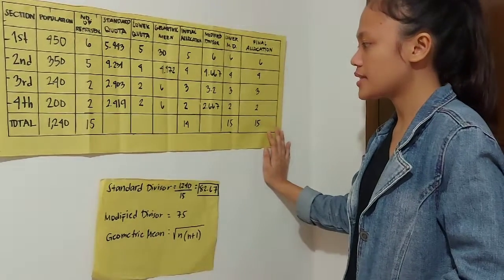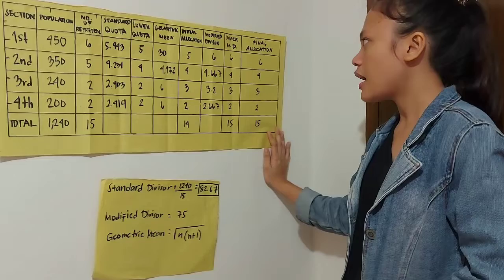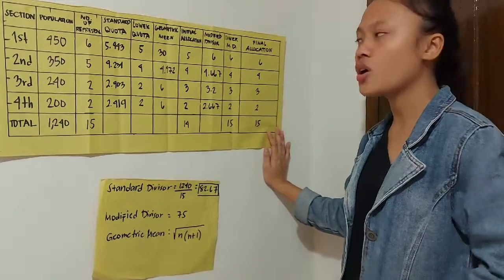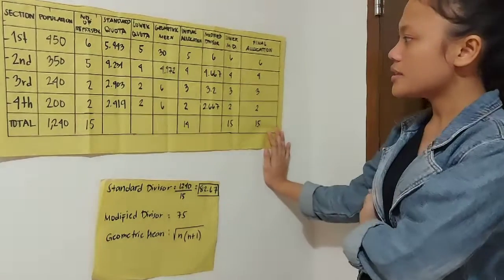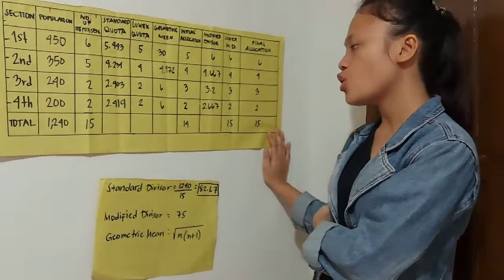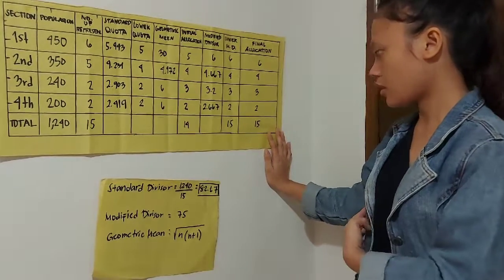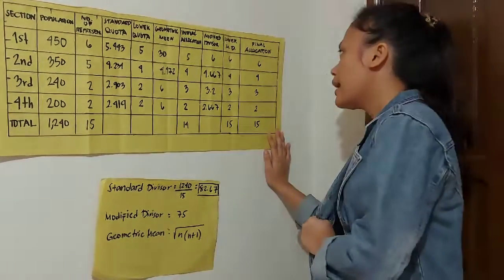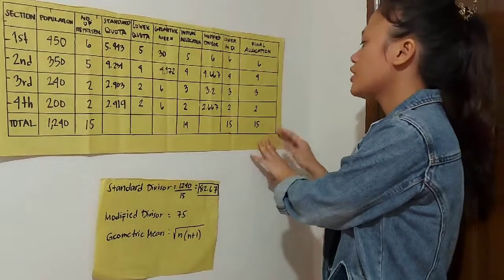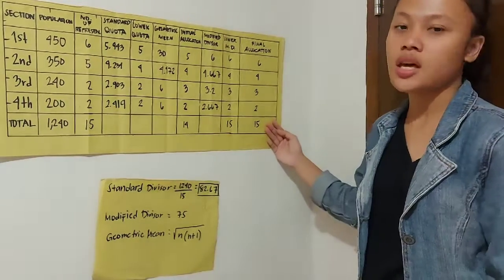And then I get the lower quota of that, which is 6, 4, 3, and 2, equal to 15 in total. And also we need to put that in our final allocation.